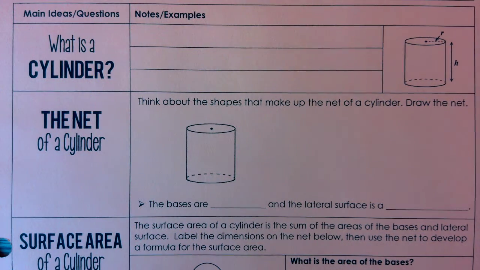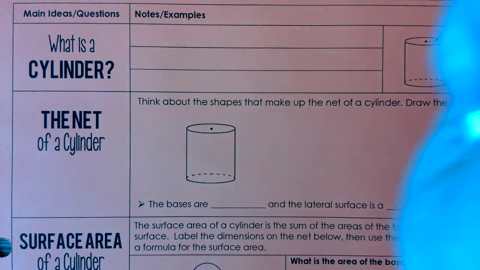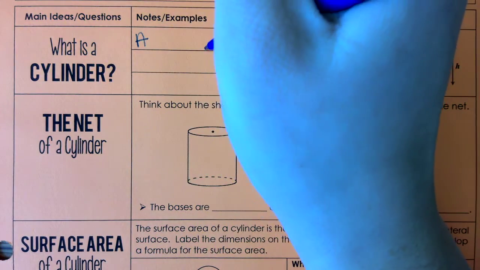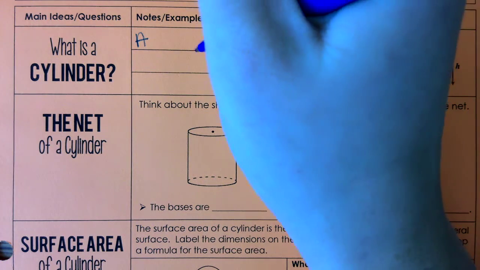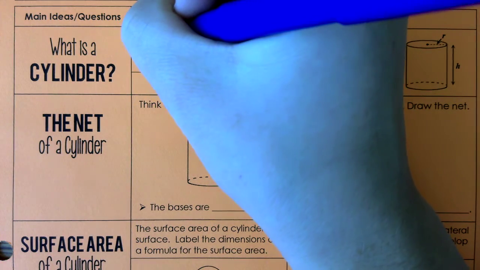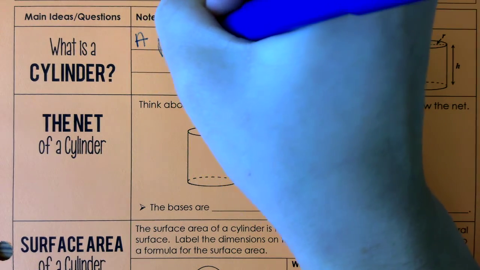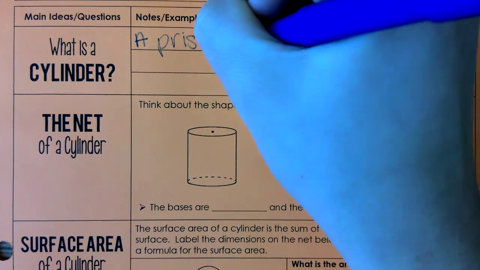We are going to learn about cylinders today. So a cylinder is a prism with a circular base.